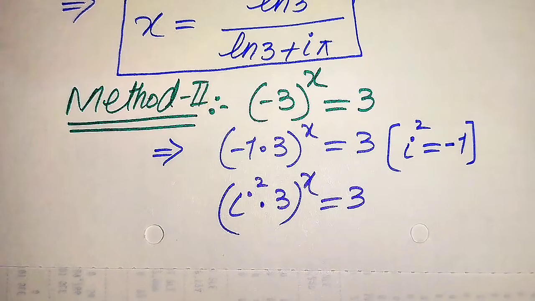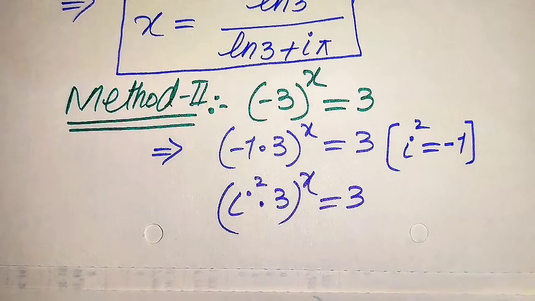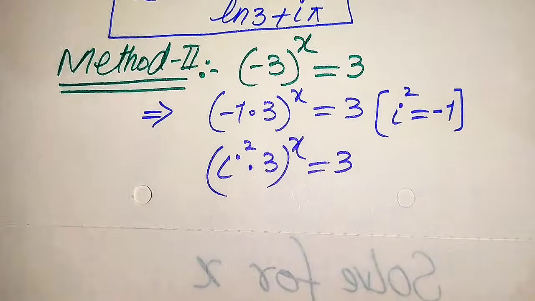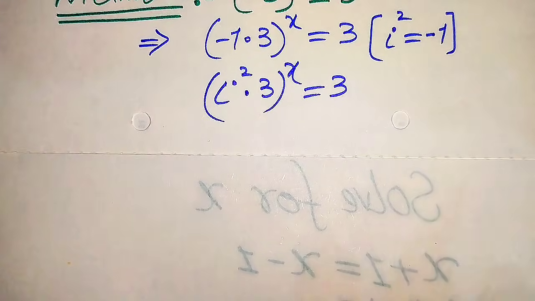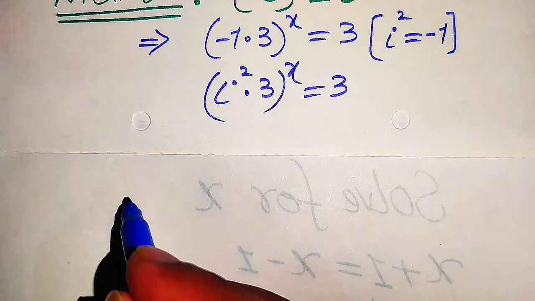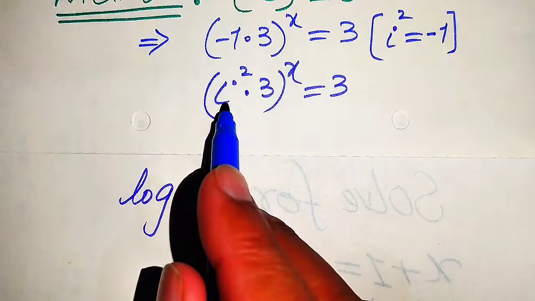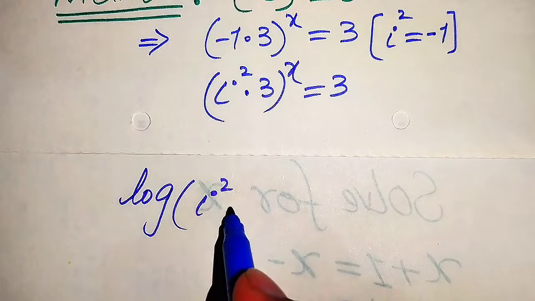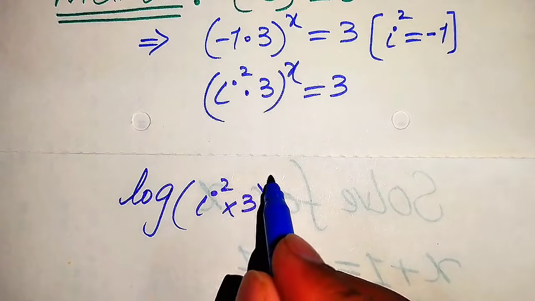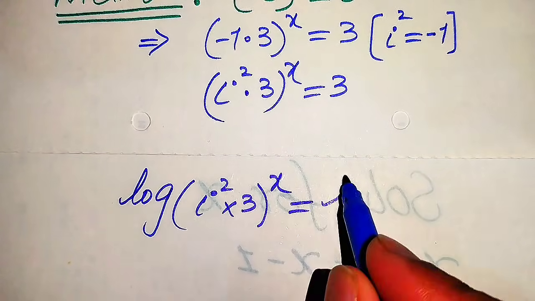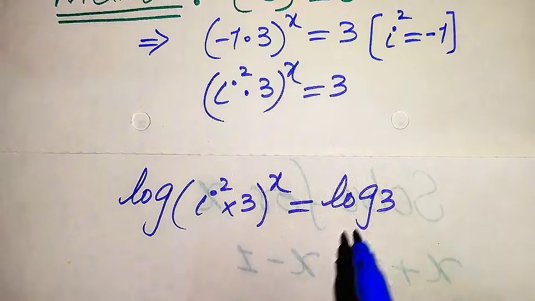Now we apply the common logarithm on both sides in order to get the value of x. It is written as log of (iota square times 3) to the power of x is equal to log of 3.